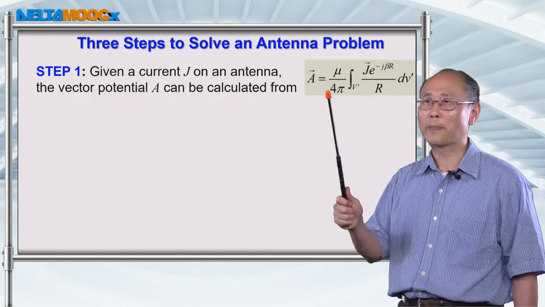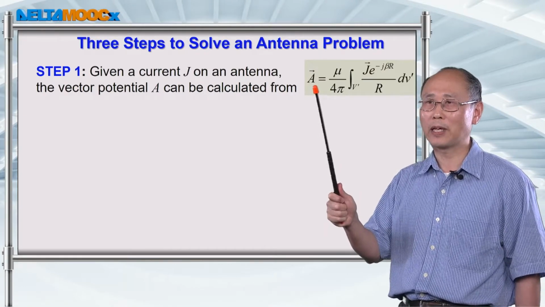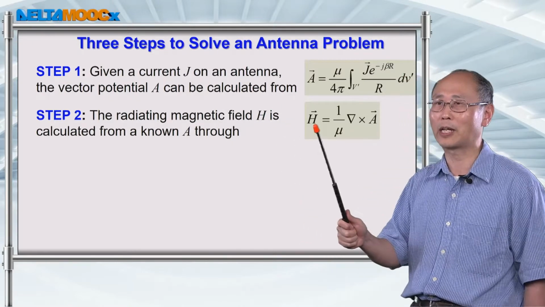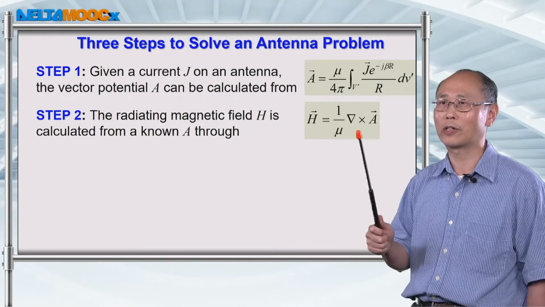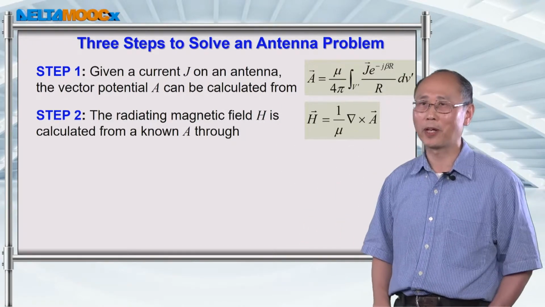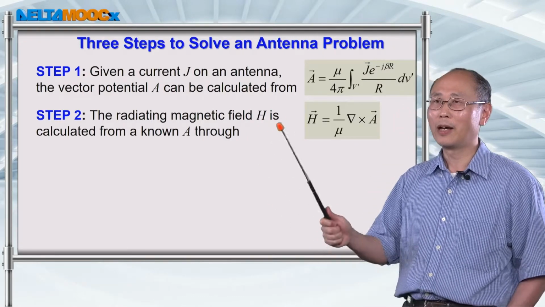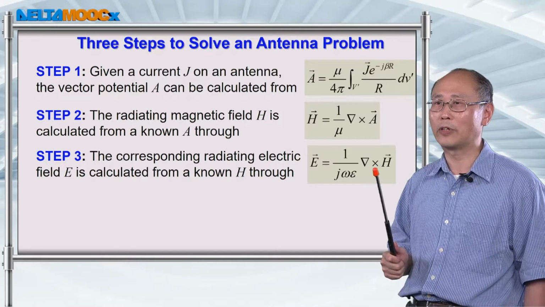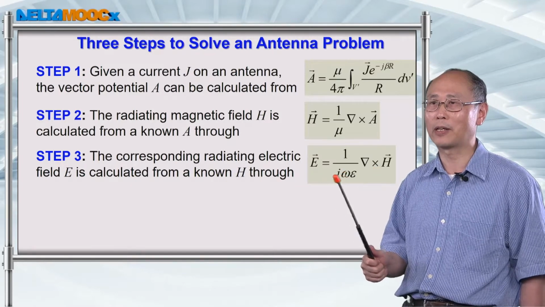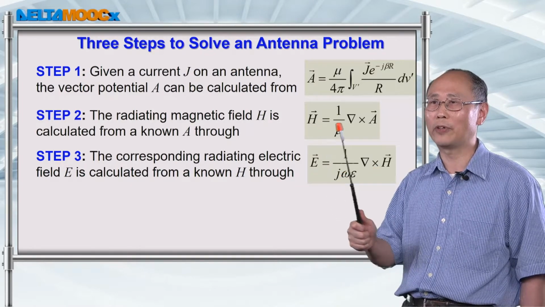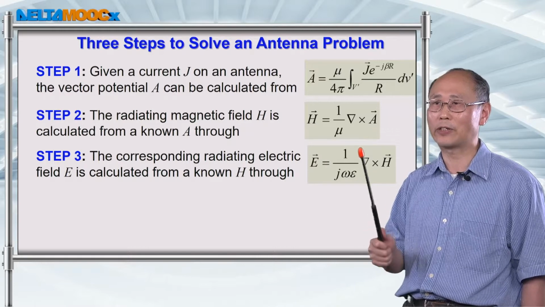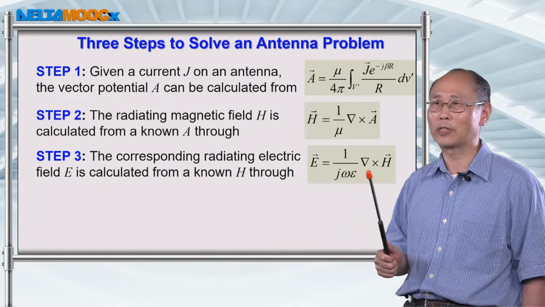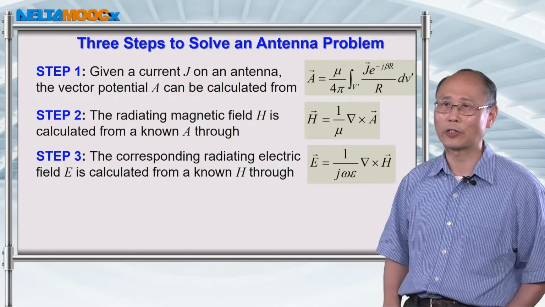Once we have the vector potential in space, then we can proceed with the second step to calculate the magnetic field through this curl of A formula. And the Ampere's law connect the electric field and magnetic field through this formula. So if we know the magnetic field from curl of A calculation, we can also deduce the electric field through this curl of H calculation.